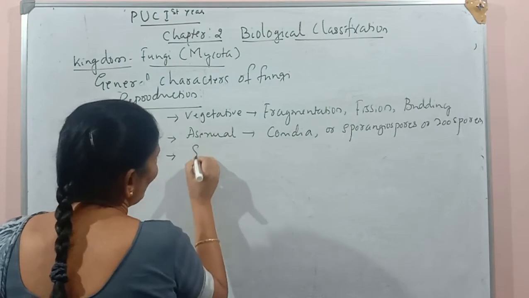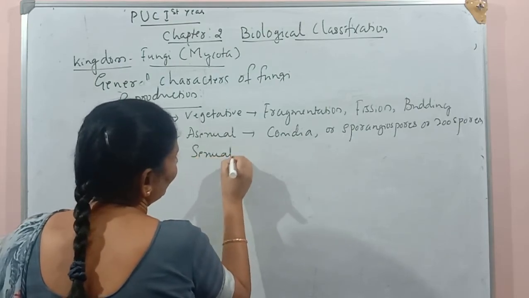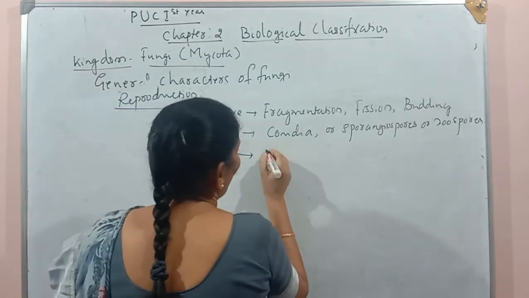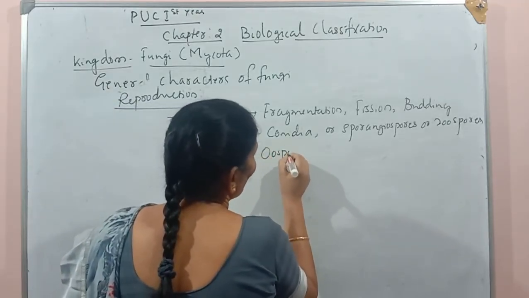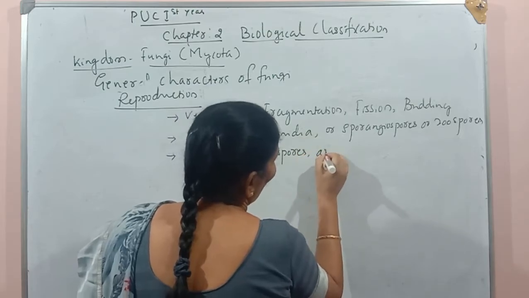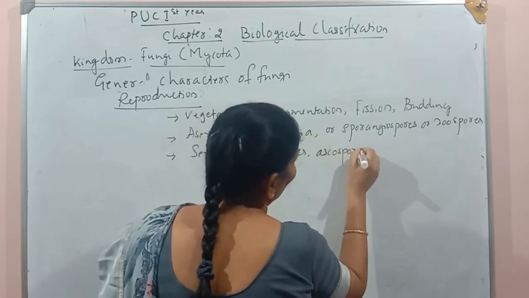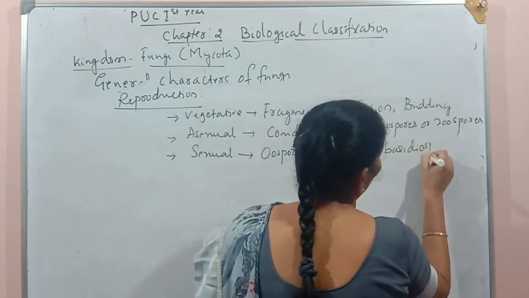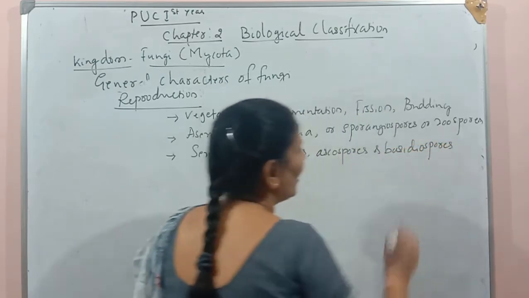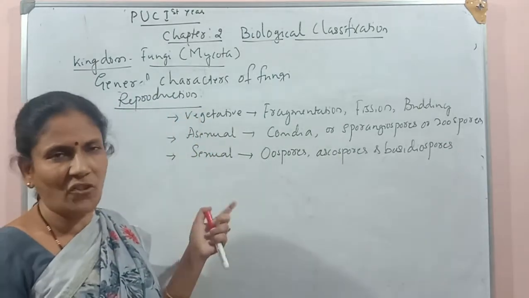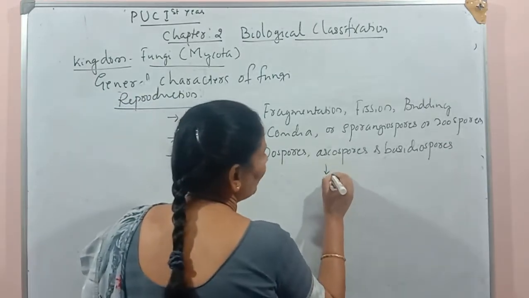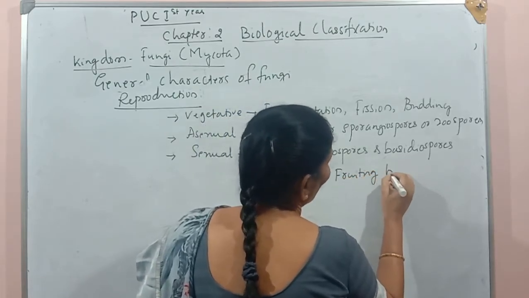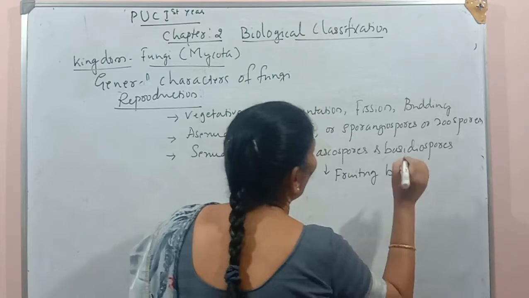And next type is sexual reproduction, by spores like oospores, ascospores, basidiospores. And these spores are produced in a distinct structure called the fruiting bodies.